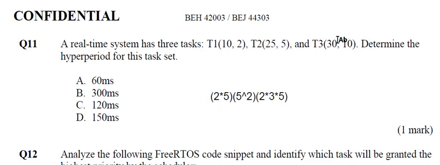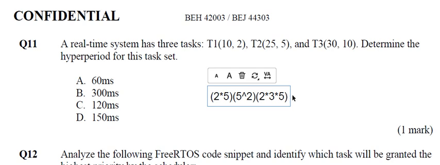Next, how you get the 30 is 2 multiplied by 3, you get 6, multiplied by 5, you get 30. So this is the common multiple. After that we pick the common multiple with the higher power.